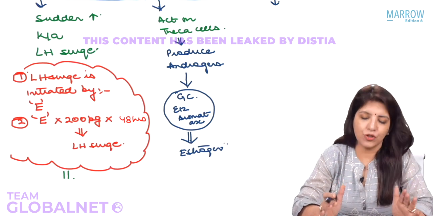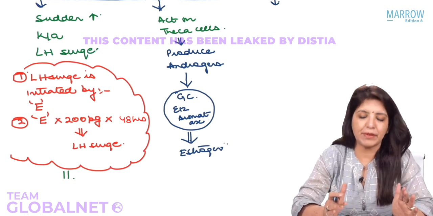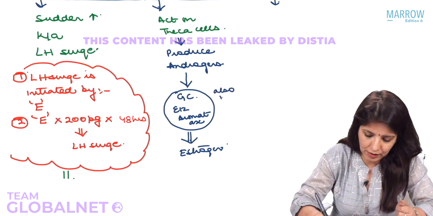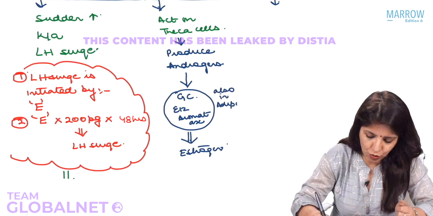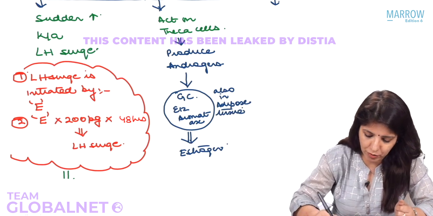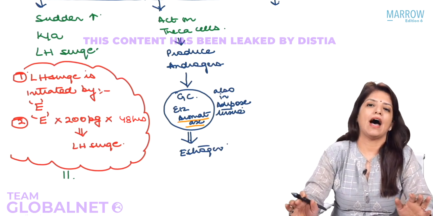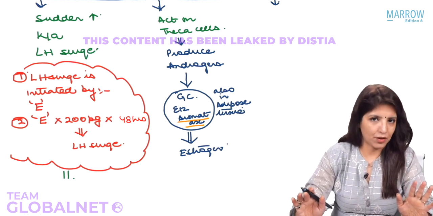Now, this conversion is not only happening in granulosa cells, it also happens in adipose tissue. And what is the enzyme responsible for this? The enzyme responsible for this is aromatase enzyme.